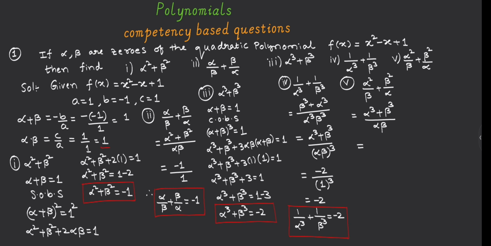Already we got alpha cube plus beta cube value as minus 2, and alpha into beta is 1. So finally we get minus 2. So alpha square by beta plus beta square by alpha also we got as minus 2. This is problem number 5.